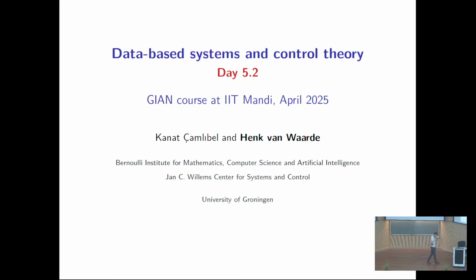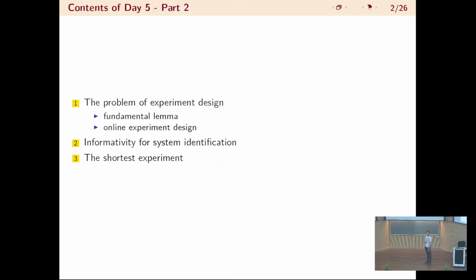Because we're going to talk about experiment design for system identification, as Kanat already announced. So this is the outline of this part of the lecture. I'll start by talking about this problem of experiment design, also reminding you of certain things we've already studied before in the course, like the fundamental lemma.